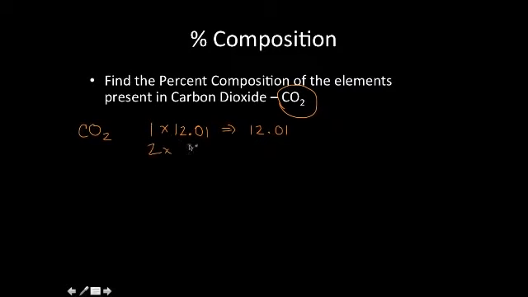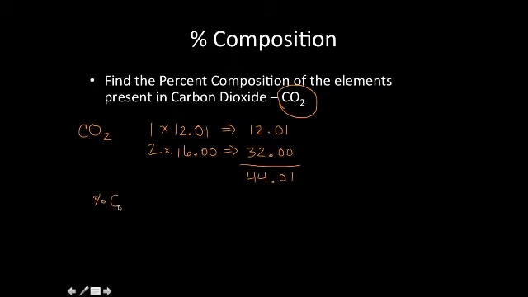Multiply that by the atomic mass that we find on the periodic table, and that is 16.00. 2 times 16.00 is 32.00. We can go ahead and add these together. We get 44.01.